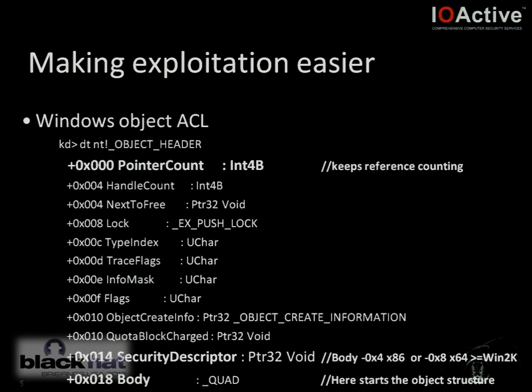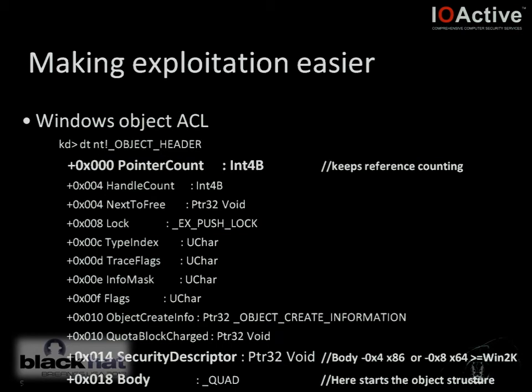So let's start with the first trick. Here you can see the header of almost, I think, every object on Windows. Here you can see at the end of this object header is the main body of the specific kernel structure.